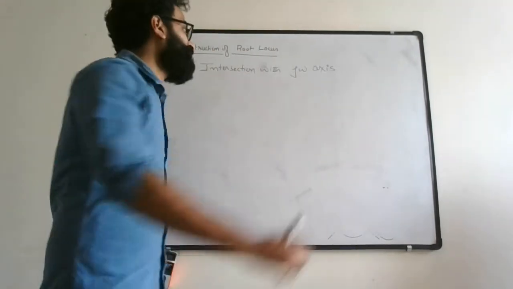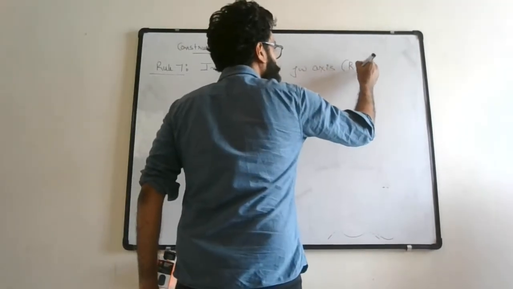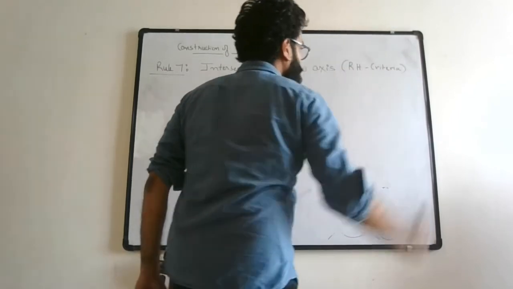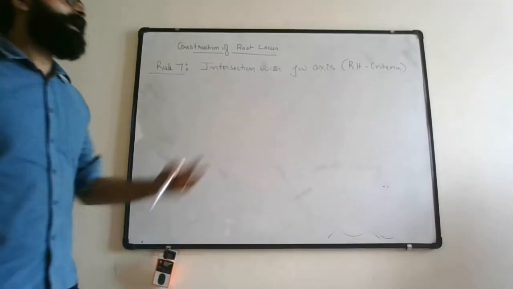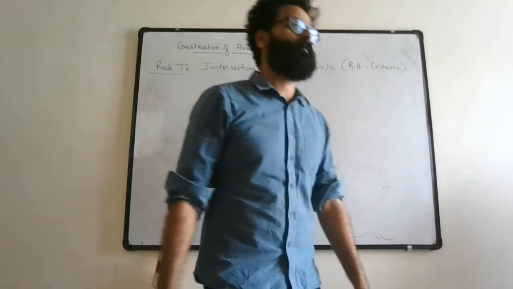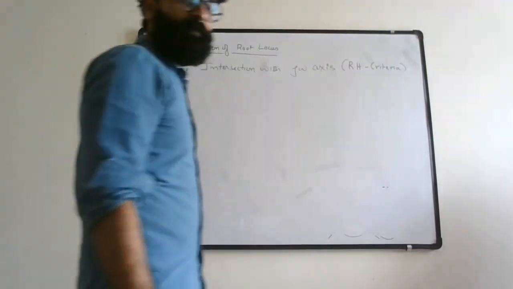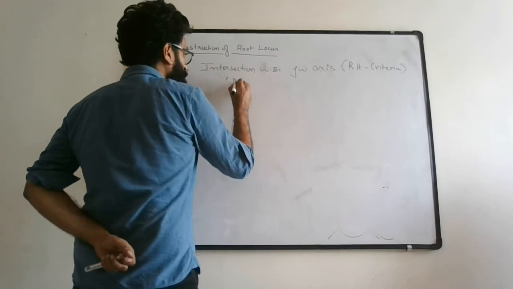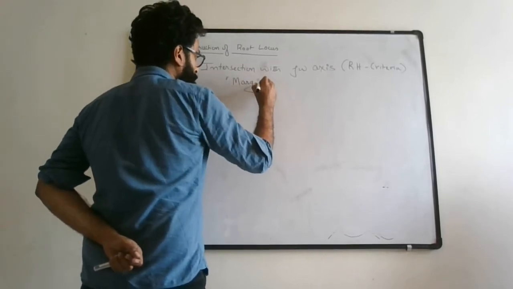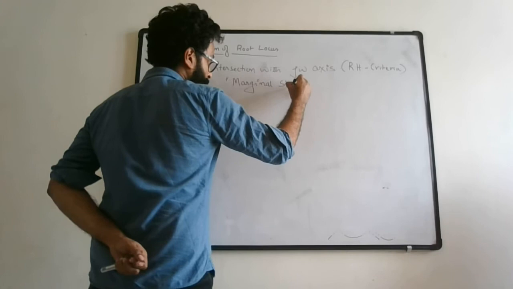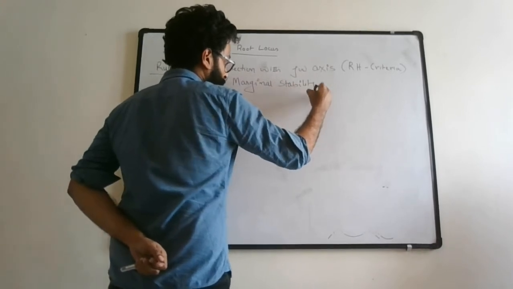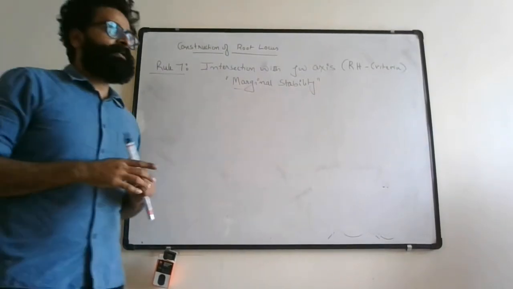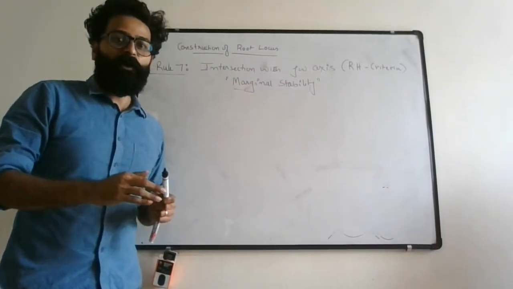Any guesses? RH criteria. In RH criteria, we have heard about the intersection with the j omega axis, and this has something to do with marginal stability, because only at marginal stability, the system tends to be neither stable nor unstable.